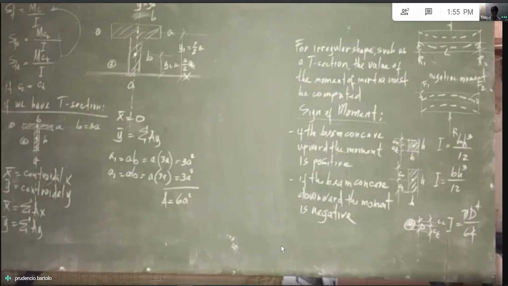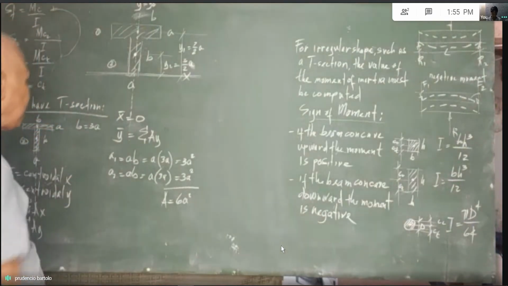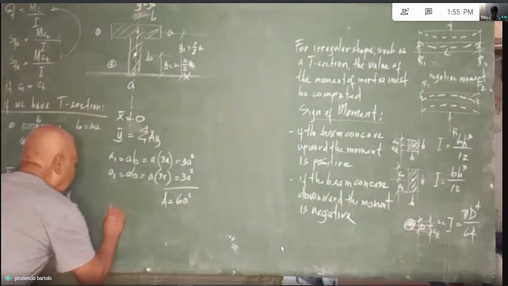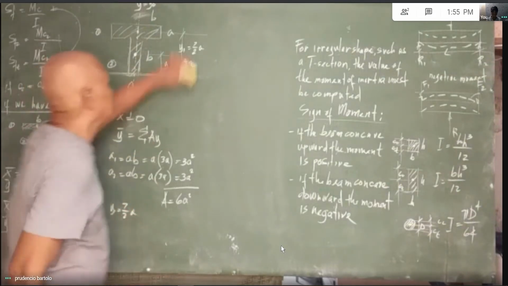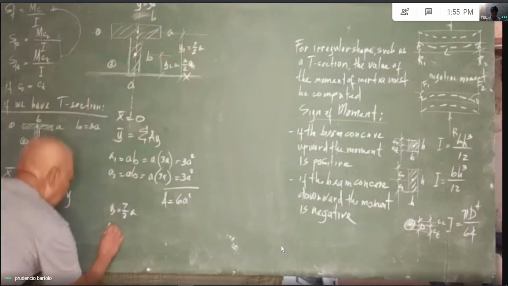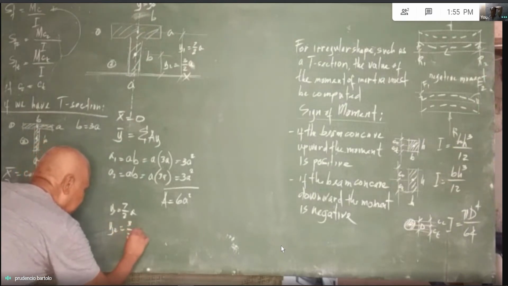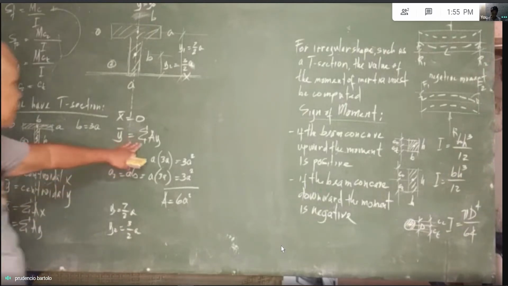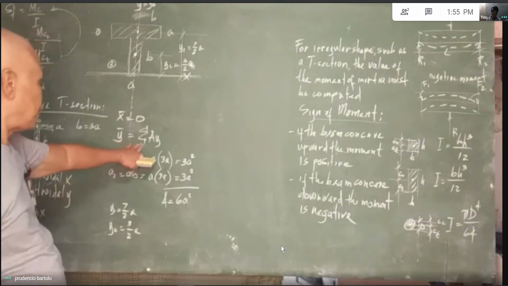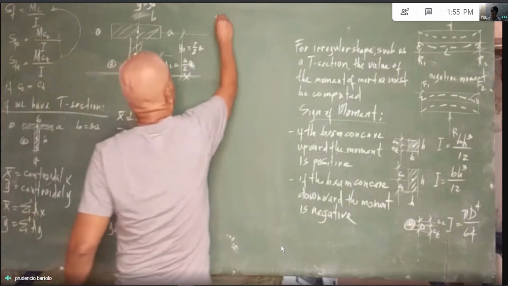For the total area, having the y sub 1 element, which is 7 over 2a, taken in here, and the y sub 2 element, that is 3 over 2 of a, we can take the summation of Ay to consider the Y bar.